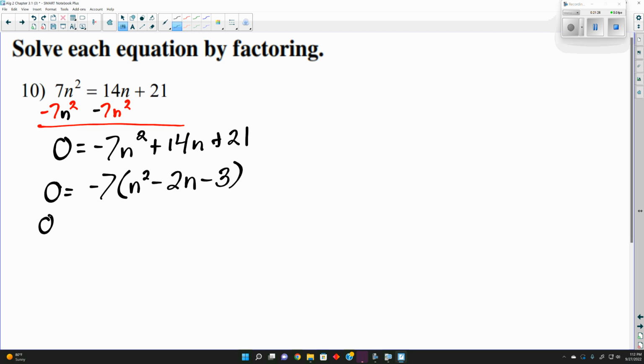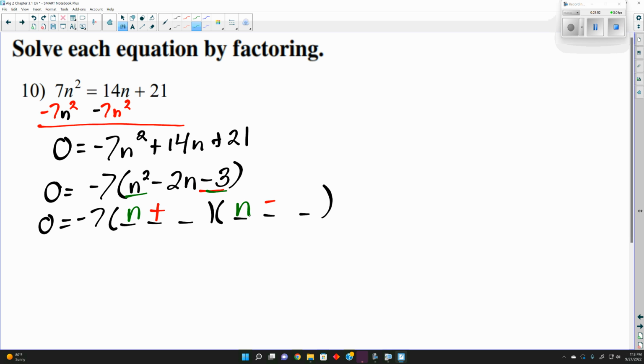Because now we can do step 2, which is our 2 sets of parentheses with 3 spaces. Since the third term is negative, our signs are opposite. One is going to be positive and one is negative. Now the factors of the first and third term: factors of n squared are n and n.